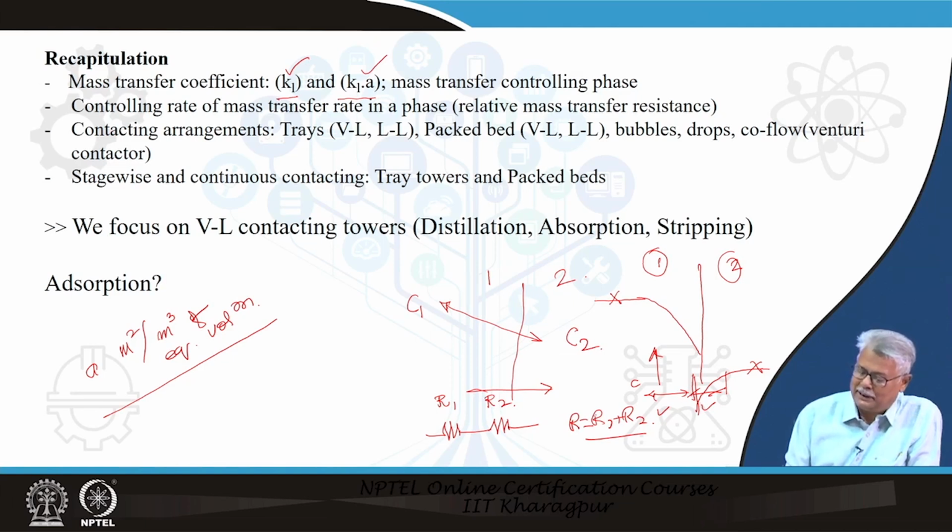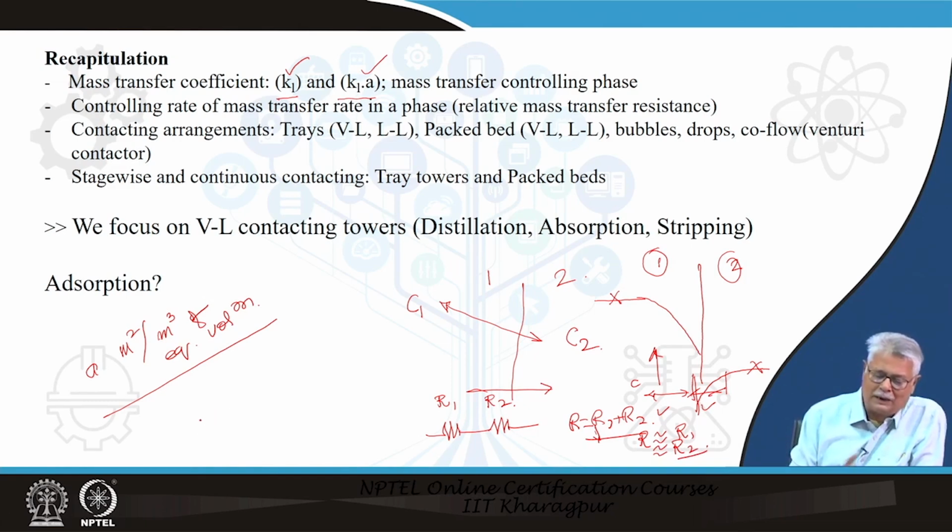It will tend to 0 with respect to the other, a very small number, and we can neglect it. In that case R will be nearly equal to either R1 or R2. So what is very clear to us right now is that in case of interface mass transfer, one of the side resistances, which could be the liquid phase side or the gas phase or vapor phase side, whatever we may call it, will be controlling.